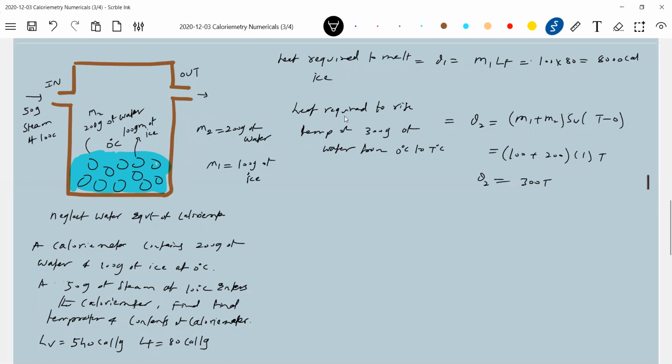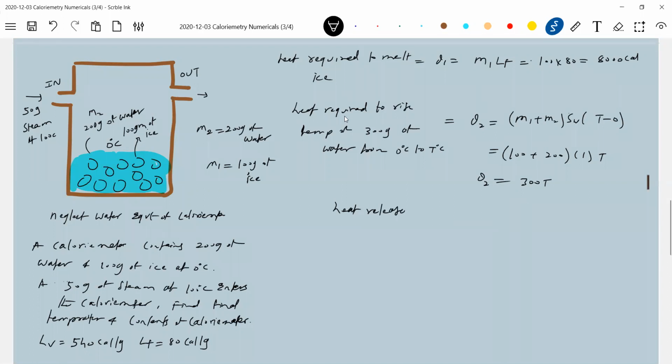So now let the heat available when all steam condenses, and again the heat released when the condensed water formed at 100 degrees cools to this temperature. So I will now get into the other part of the problem. I'll call this M3.